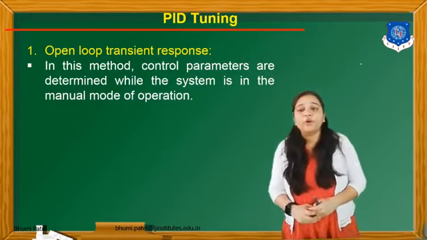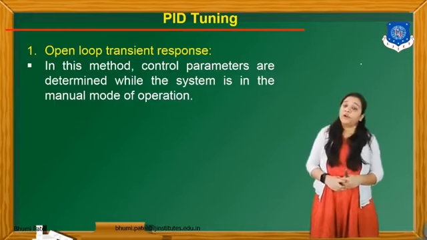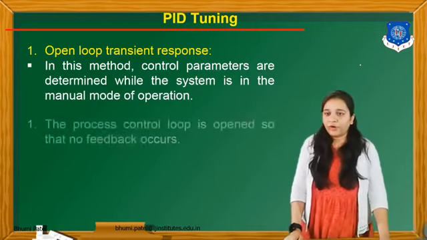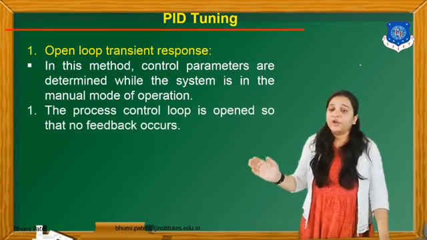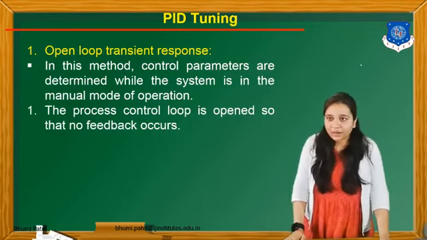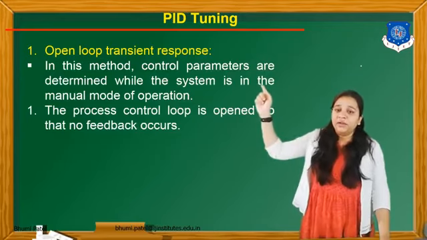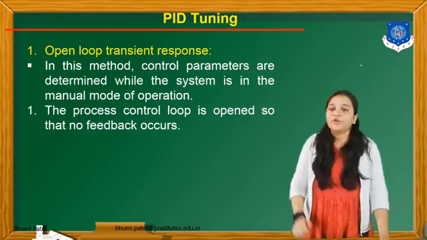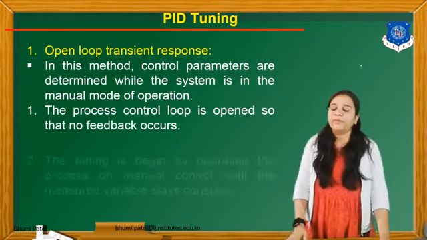So the open loop transient response will control the parameter while the system is in manual mode of operation. The process control loop is open, so there is no feedback, because here we will discuss the open loop system. Okay, so we will deal with the no feedback system.